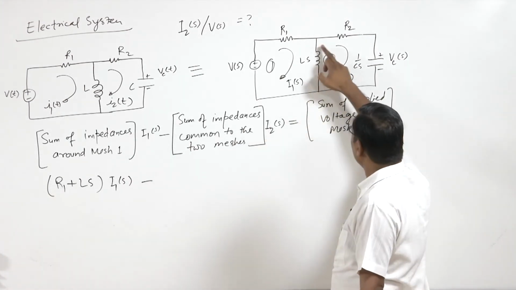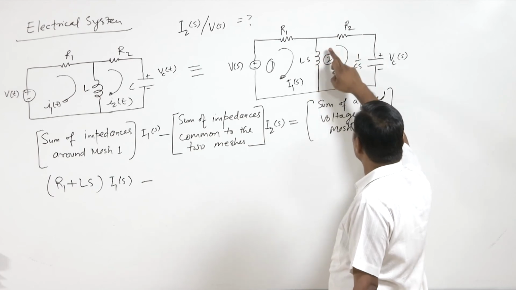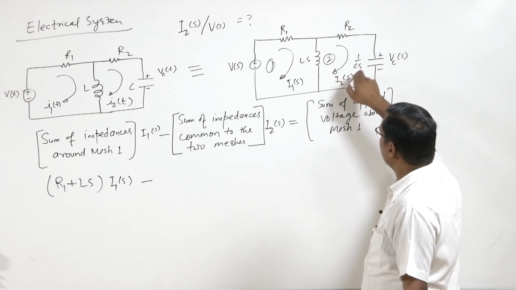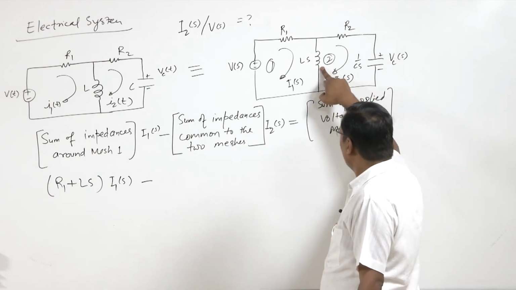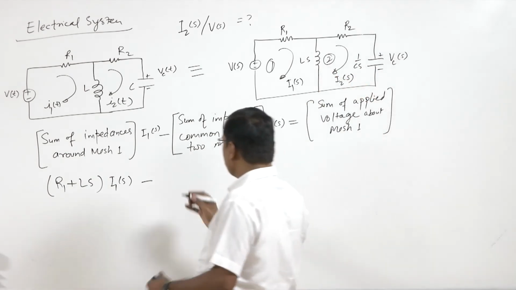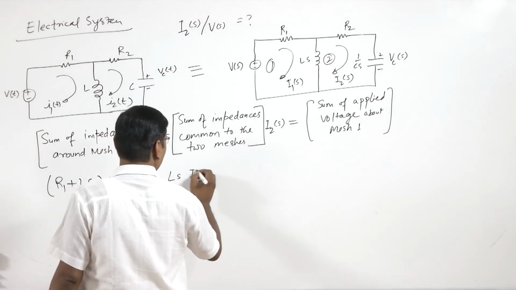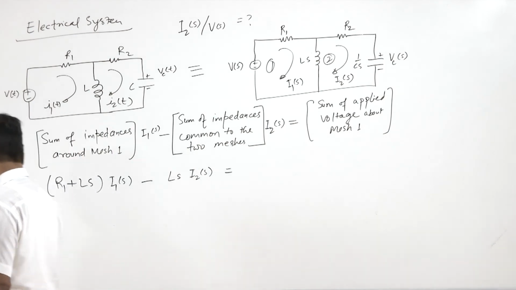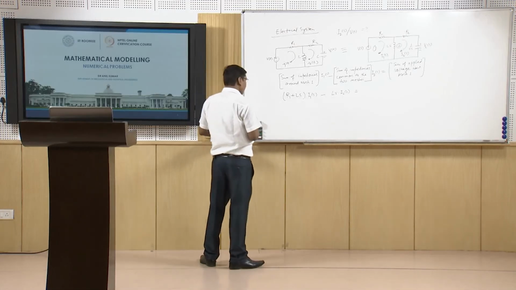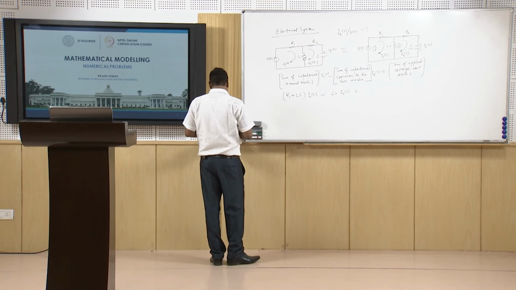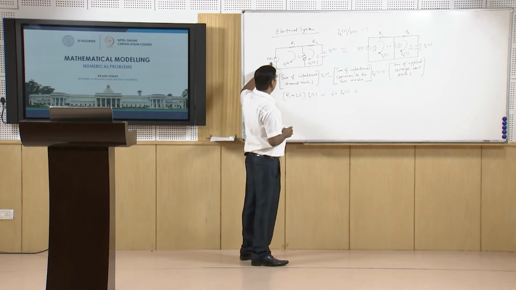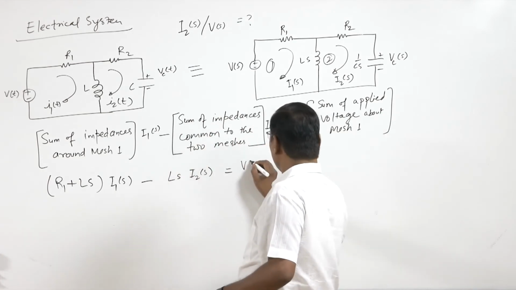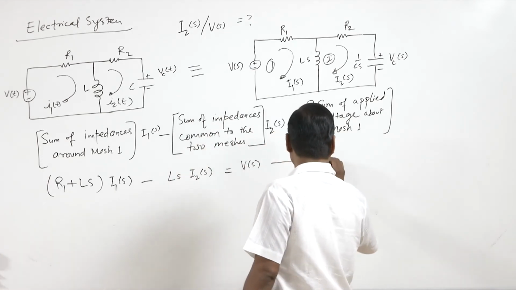This inductor is common to the two meshes because it is in mesh 1 as well as in mesh 2. So minus Ls into I2(s) equal to the sum of applied voltages around mesh 1, that is V(s). This is equation number 1.